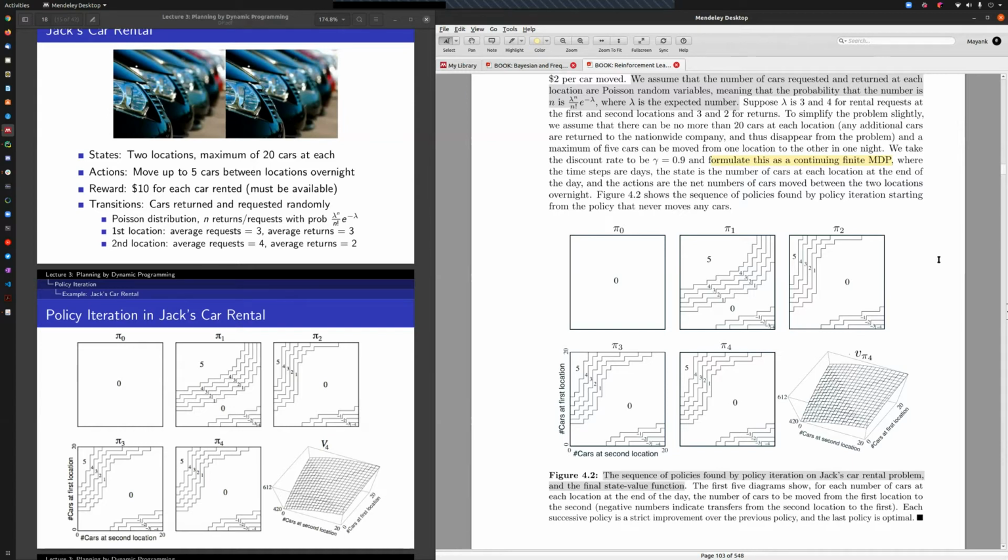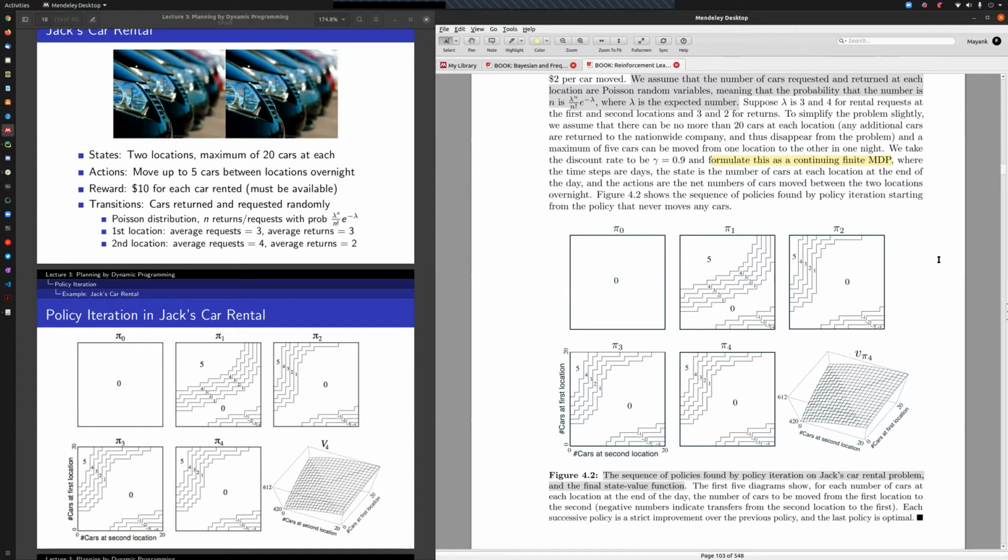So this projection, basically we have states, and for me it would be easier to imagine this as a heat map. It's very similar to the grid world problem. We have 20 by 20 possible states, right?